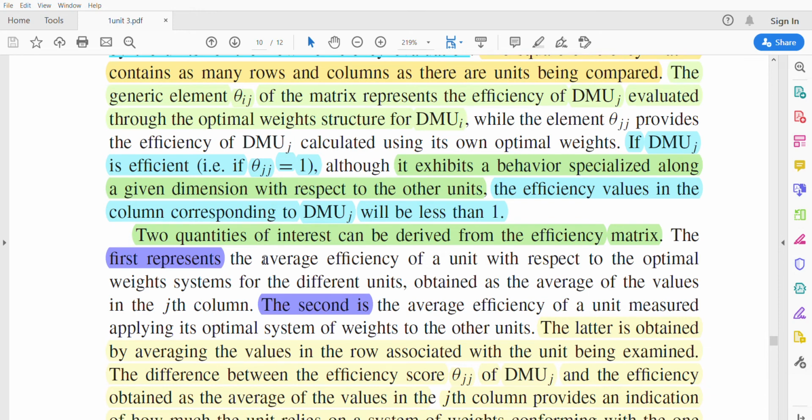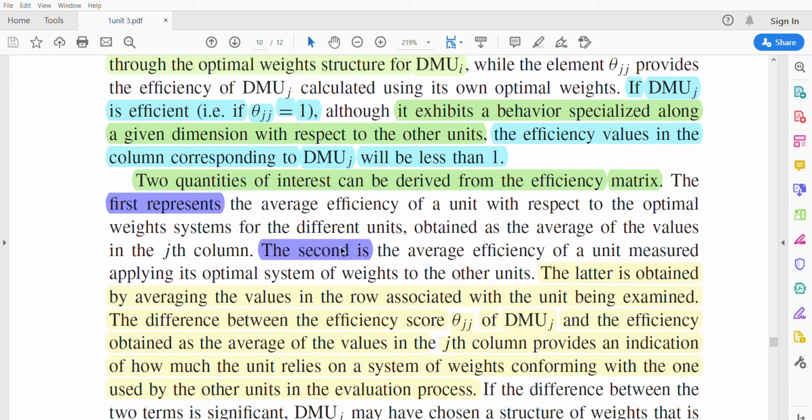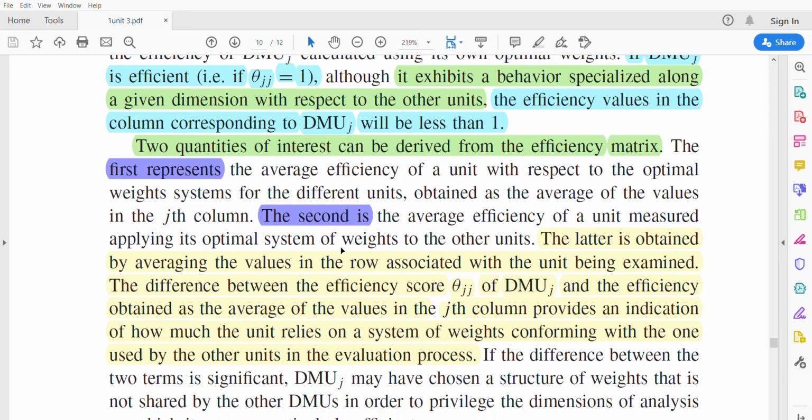So, in this square efficiency matrix, we got two different quantities: efficiency equal to 1 and less than 1. Two quantities of interest can be derived from the efficiency matrix. The first quantity represents the average efficiency of a unit with respect to the optimal weight system for the different units.